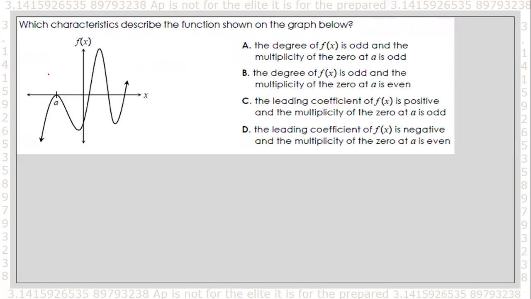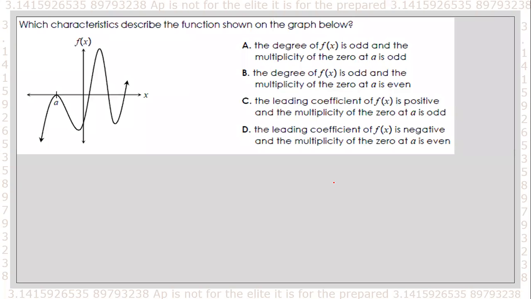Alrighty. Let's go ahead and try this one right here. I'm going to give you a couple seconds to analyze this graph that we're given of f of x and see which one of these is true. Go ahead and look through them real quick. Hopefully we were able to see that, since I see these end behaviors, this reminds me a lot of a cubic function.